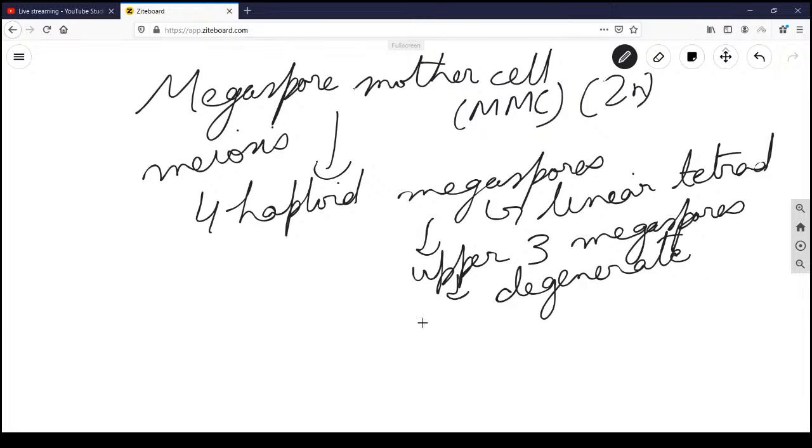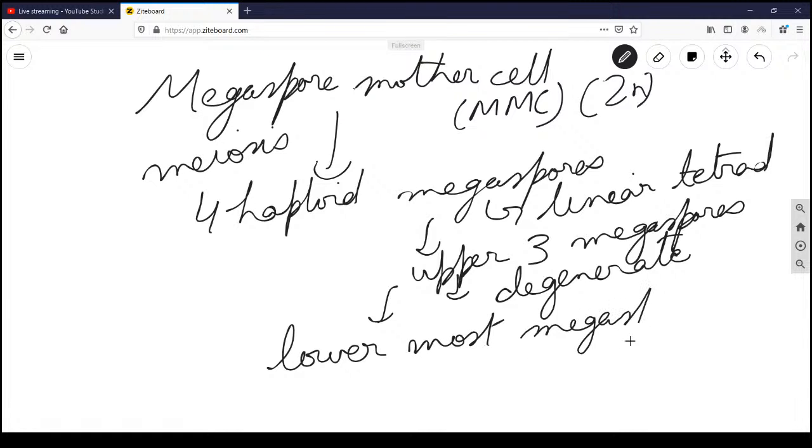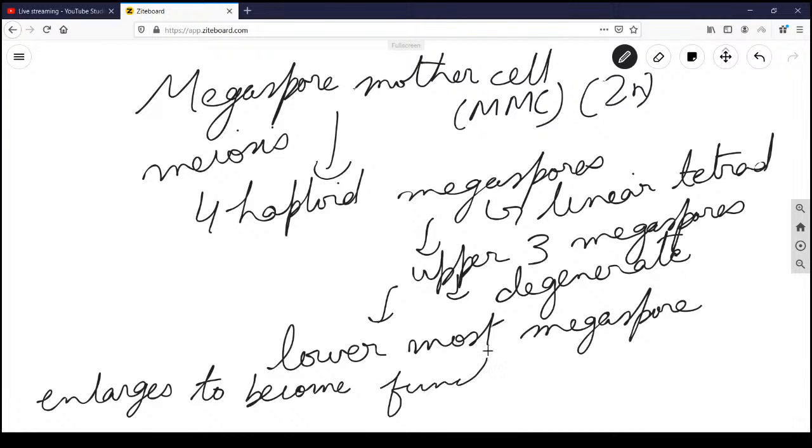Only the lowermost one enlarges to become the functional megaspore. That is the case here.